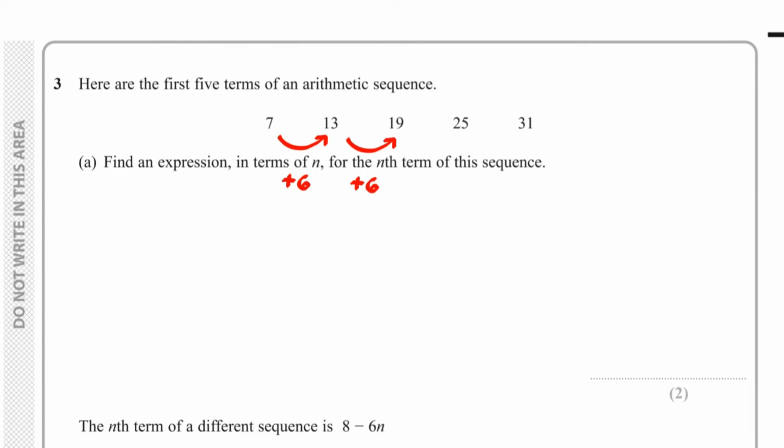You can see the difference between each term is plus 6, and therefore we would have a 6n, and to find the 0th term we have to do the inverse of plus 6, which is subtract 6, and if I do 7 subtract 6 we get 1, so we have 6n plus 1.